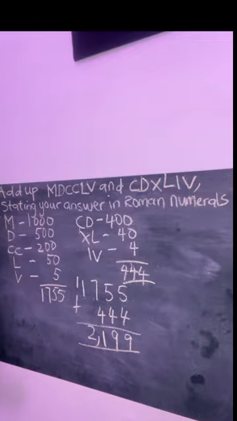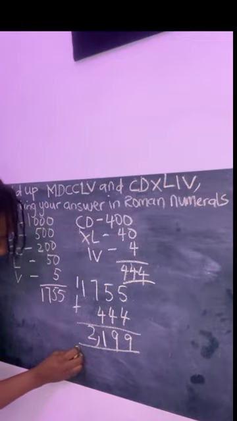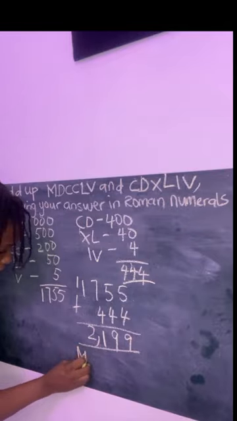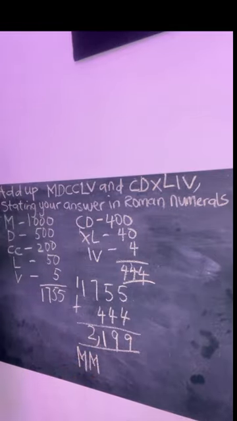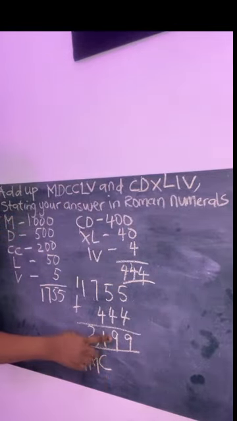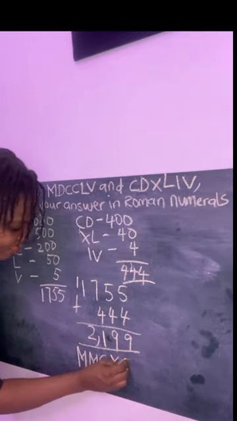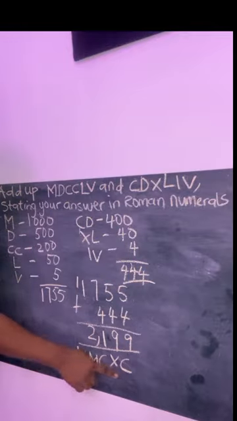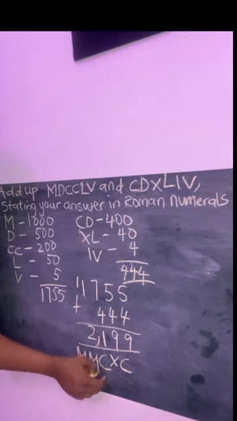So let's write it in Roman numerals. What is the 2,000? 2,000 is MM, M stands for 1,000. Then 100. 100 is what? C. 90. What is your 90? Remember, XC, 100 minus 10. Then 9.